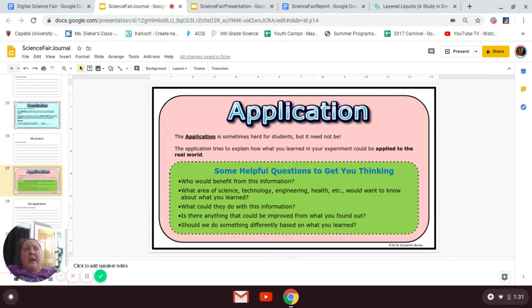I would try doing trick shots in basketball and see if trick shots are still able to be done blindfolded. Or I would try to add some other liquids in my density tower and see how they interact with the liquids I already have. And I would do this because I want to learn more about density.